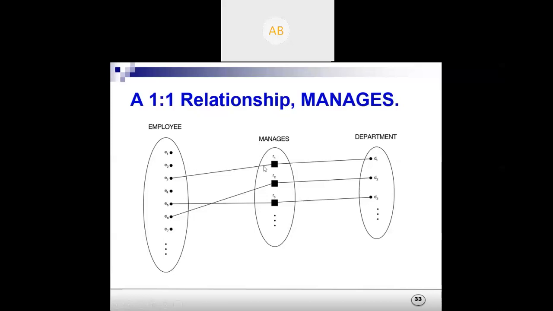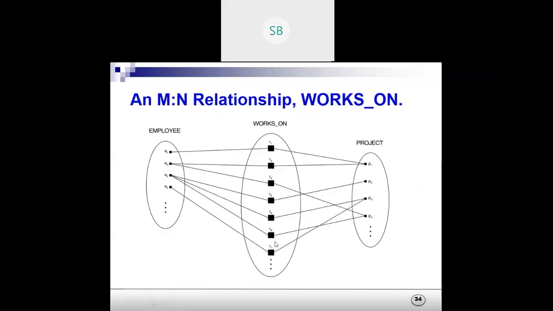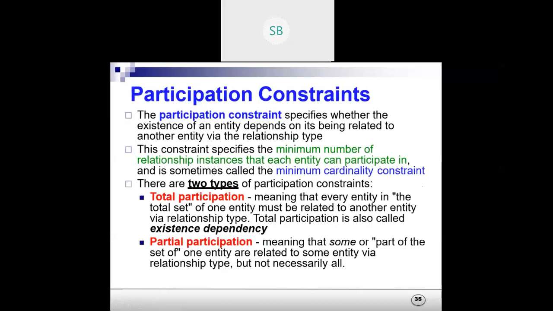So it is a 1:1 relationship. An entity is related to a single department. Then this is a 1:n relationship. One can be related to many. And finally many to many. This kind of diagram, we are aware of it.